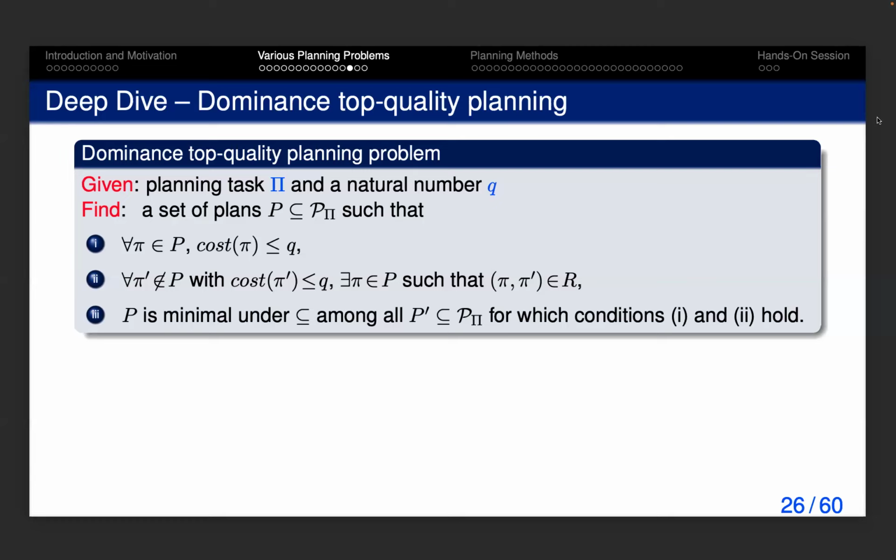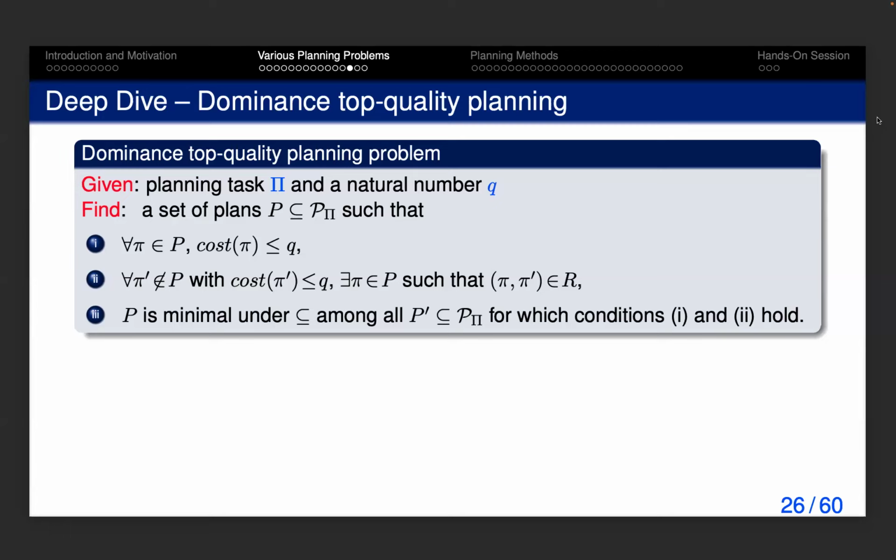To answer your question, the AB will be here because it's not dominated by anyone, and CD will be here because it's not dominated by anyone, but ABCD will not, right?